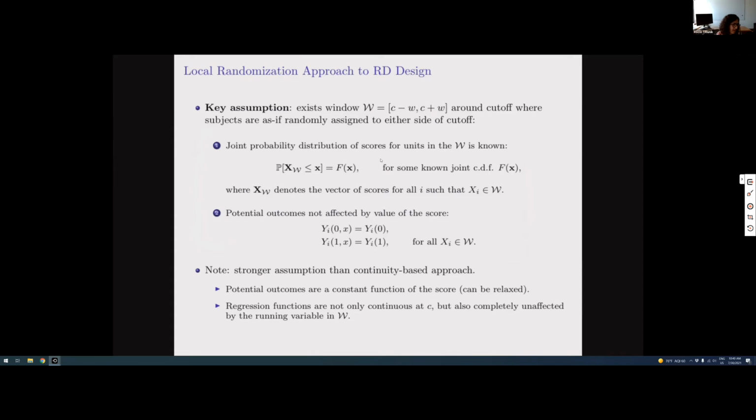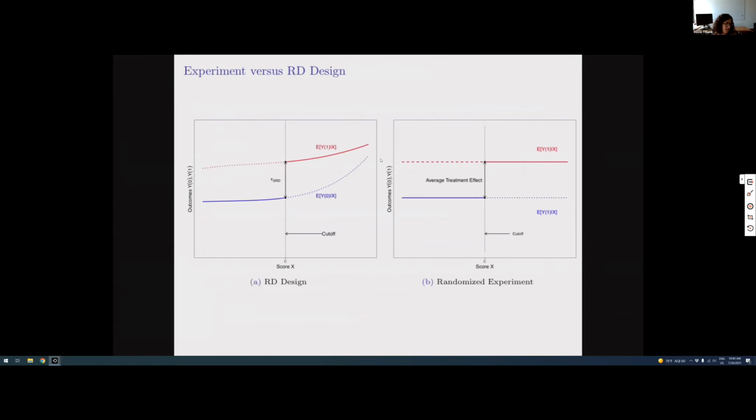Why is this stronger than continuity? Because, given these assumptions, it's not only true that the regression functions are continuous at the cutoff, which is what you need for the standard continuity-based approach, but inside the window they're also completely unaffected by the running variable. And that's what allows us to treat this as an experiment.